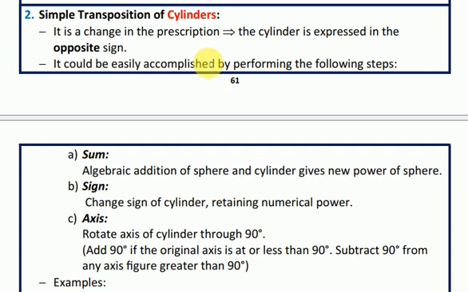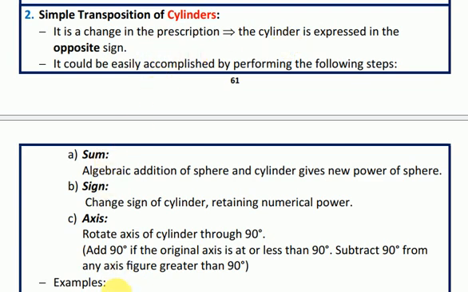Simple transposition of the cylinder is often necessary when the examiner wishes to compare the present refraction with a previous refraction. So it is a change in the prescription and the cylinder is expressed in the opposite sign.